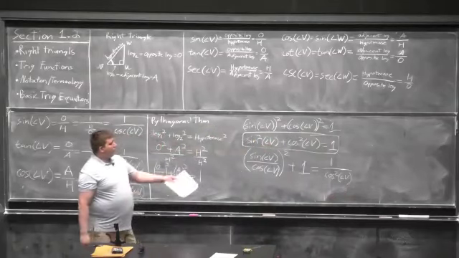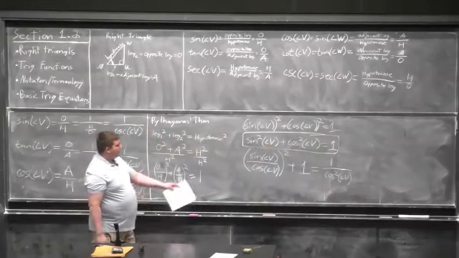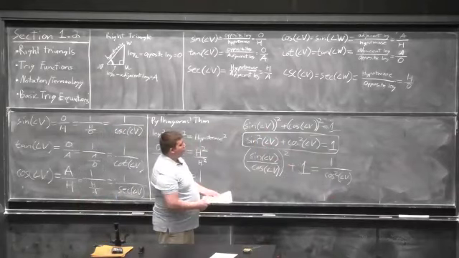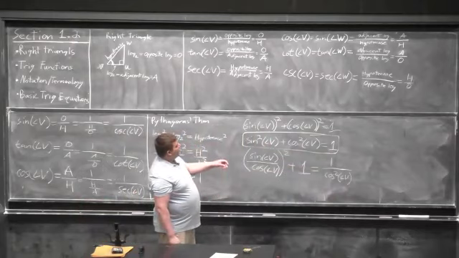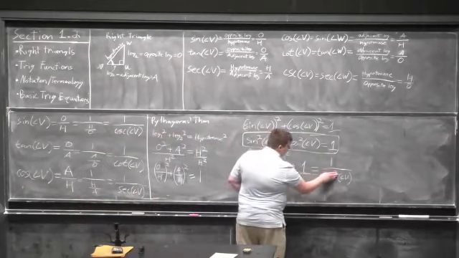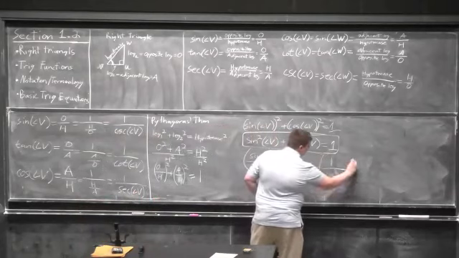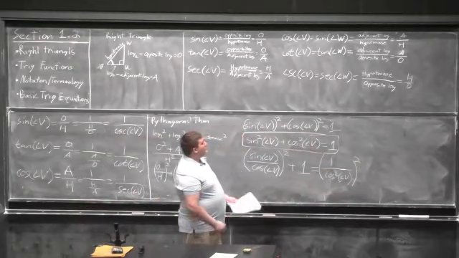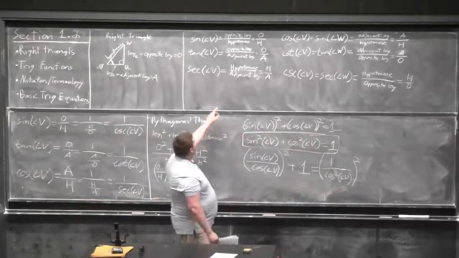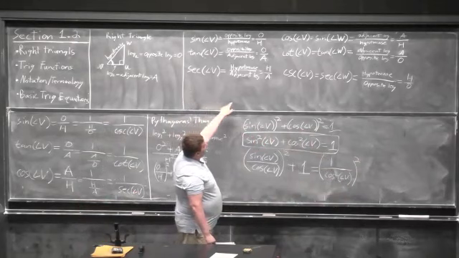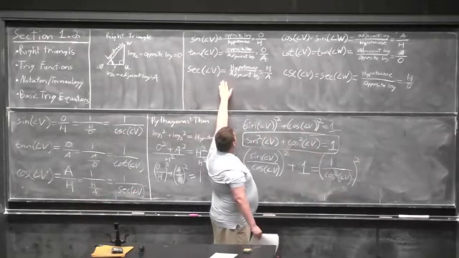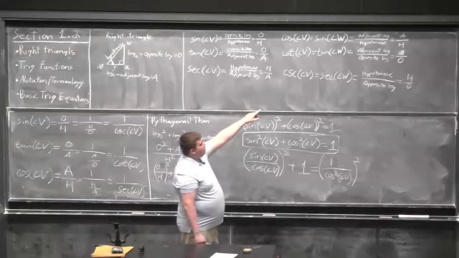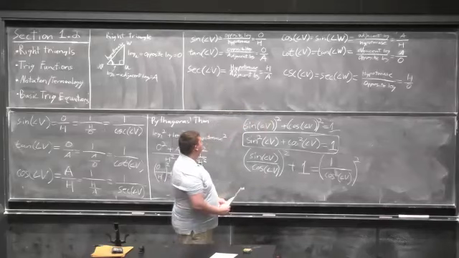Well, now when we look at this, we say, hey, this 1 over cosine squared V is the same as 1 over cosine V, squared. All right, well, what is 1 over cosine V? 1 over cosine V is secant, because we're going to take our A over H and take the reciprocal of it.